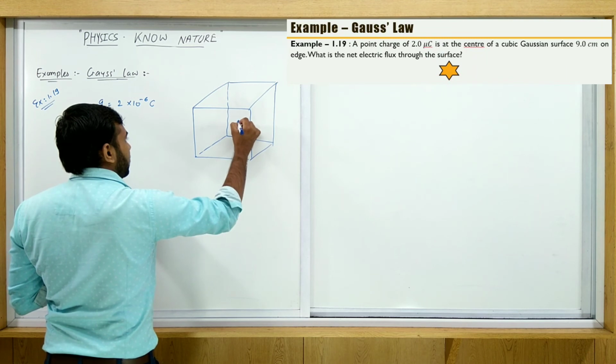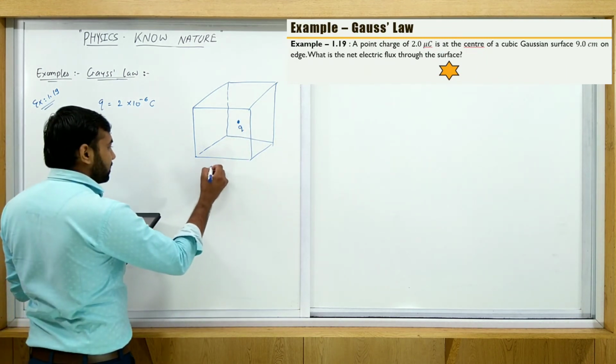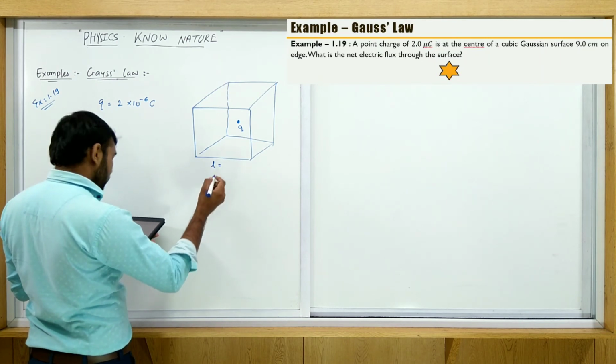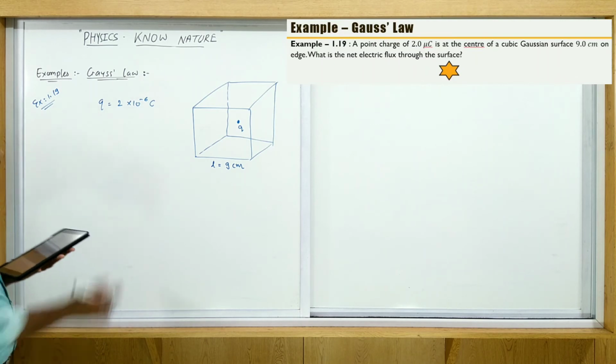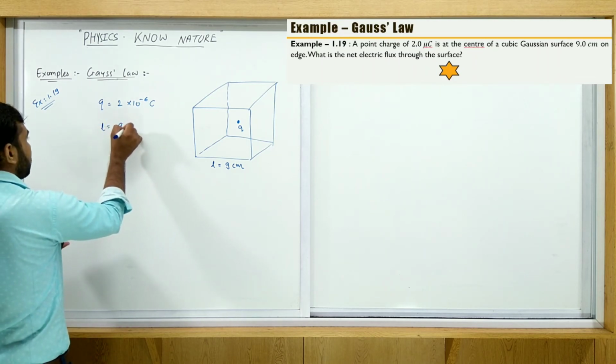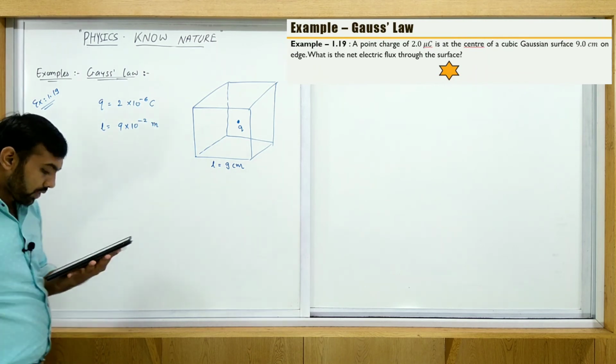Here at the center q is placed. Suppose the side is L, so L is equal to 9 centimeter. Convert this value: L is equal to 9 into 10 raised to minus 2 meter. This is the given data.